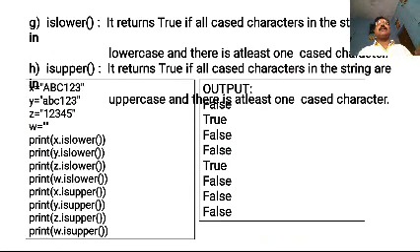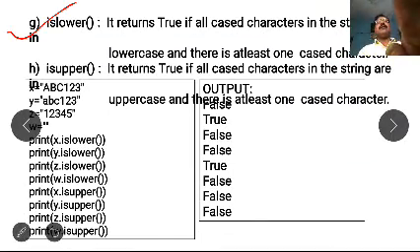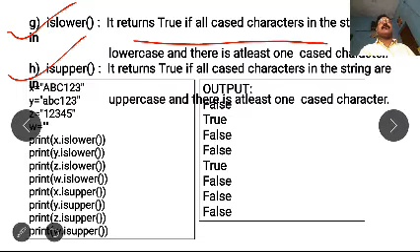See here, islower, very important. We can check whether the alphabets given in a string are in lower case or upper case. If in lower case, islower will return true, provided all characters are lowercase and at least one character is there. Isupper returns true if all the characters used in a string are in uppercase.